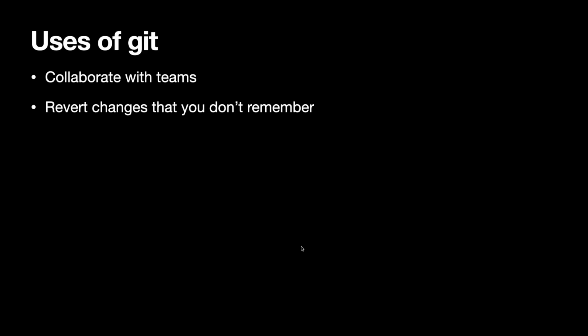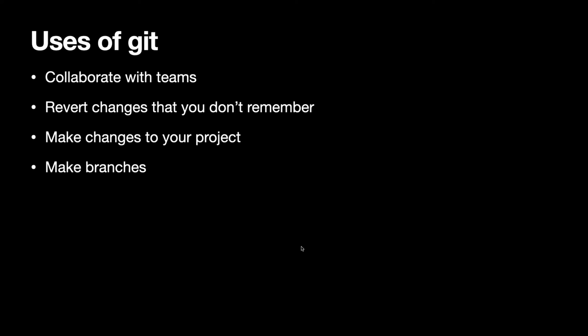Let's say you made a change a few months ago, and that particular change does not work. You can just revert the changes. You can make branches indicating which features are in development, which features are stable, etc. Let's say you have a lot of branches. Upon their requests, you can merge them into main or the master branch.